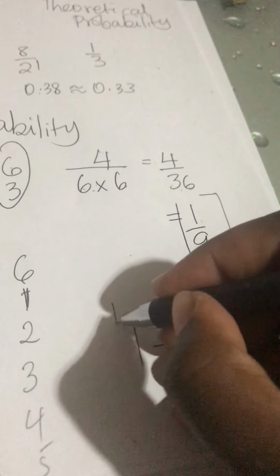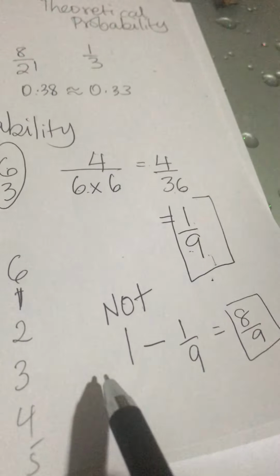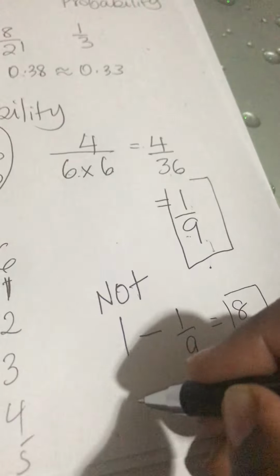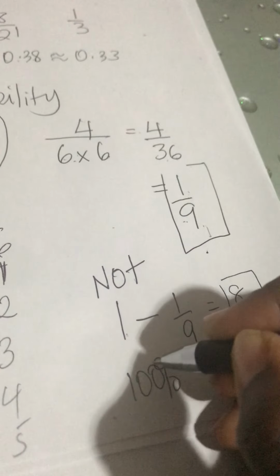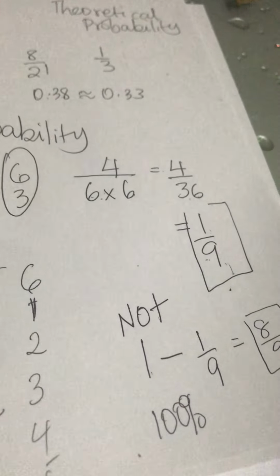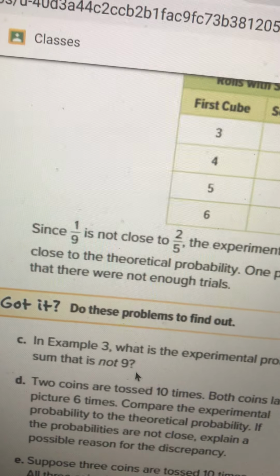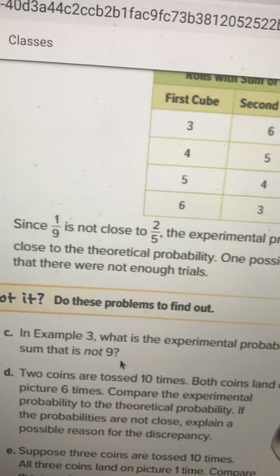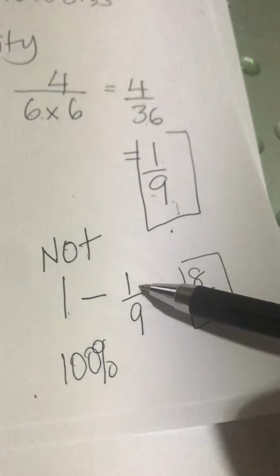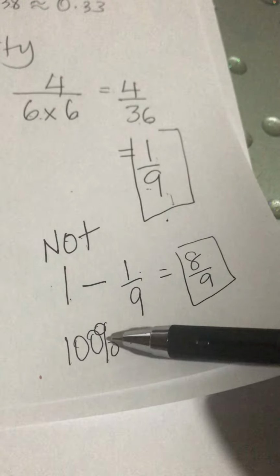When you're doing for not, you minus it from 1, or you minus it from 100%, if the question gave you a percent. Remember, that's the complement. Keyword there. You subtract from 100, or you subtract from 1. So because we have a fraction, we'll subtract from 1. If we had a percent, we'll subtract from 100%.